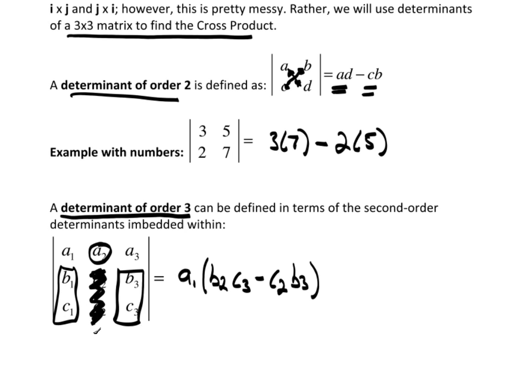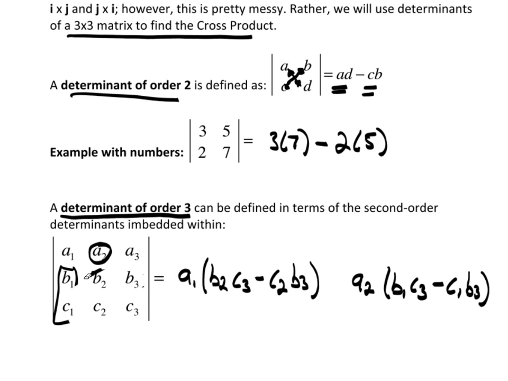I'm going to pretend like this isn't here. So I'm going to have A2 multiplied by B1 times C3 minus C1 times B3. And you notice here I didn't put anything right here. We're going to come back to this in just a second. And then let me grab my eraser again and get rid of all that.